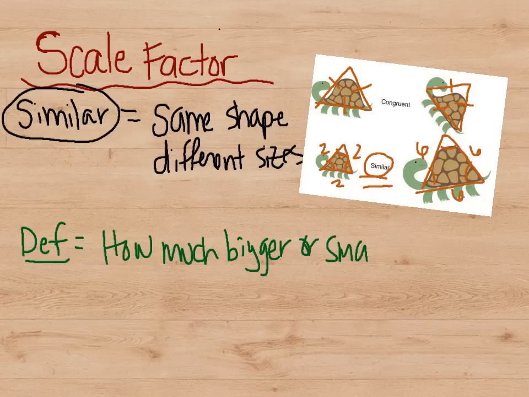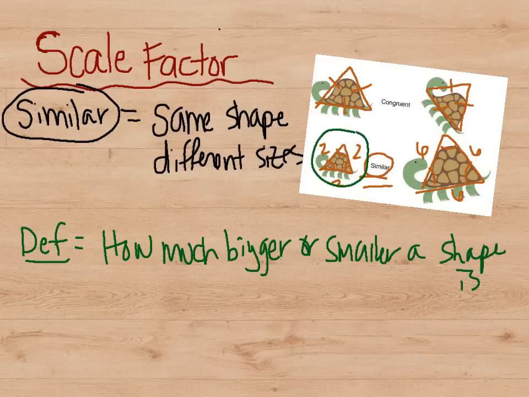For example, if we go back to the turtles, you could say that this turtle is 2 times as big as the smaller turtle. This would be a scale factor, how much bigger the turtle actually is. Could be 2 times as big, 3 times as big, maybe half as big, 4.5 times as big, but a scale factor will tell you exactly how much bigger a shape is than the other one.